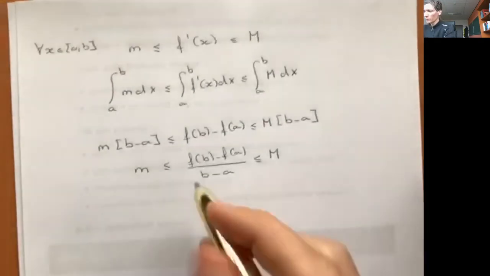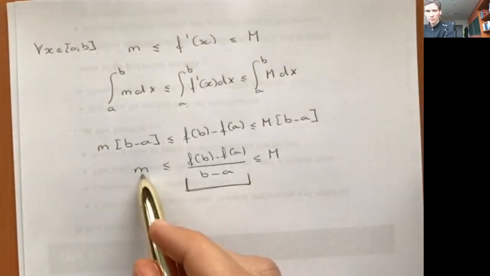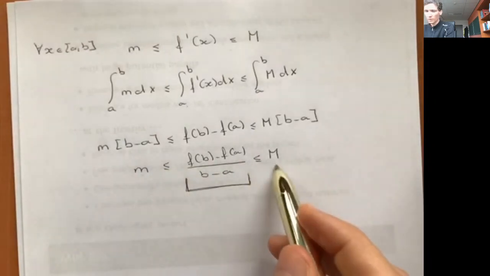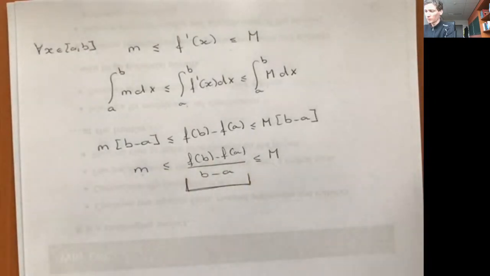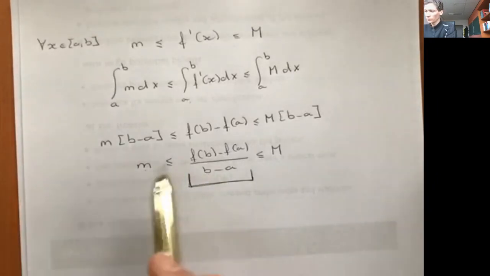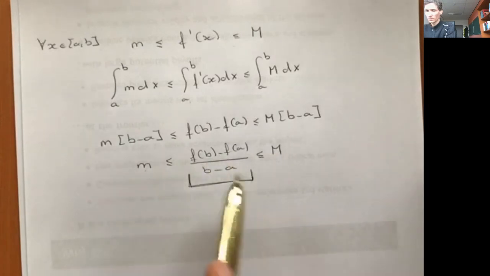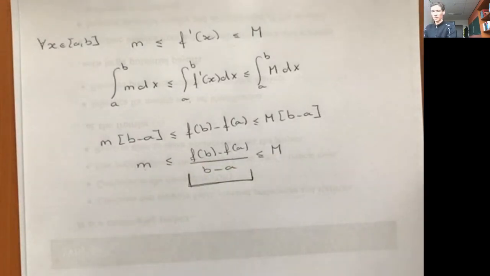So in particular we have seen that this number is between the minimum of f' and the maximum of f'. And you know that because of the intermediate value theorem, every number between the minimum and the maximum can be reached by some number between a and b.